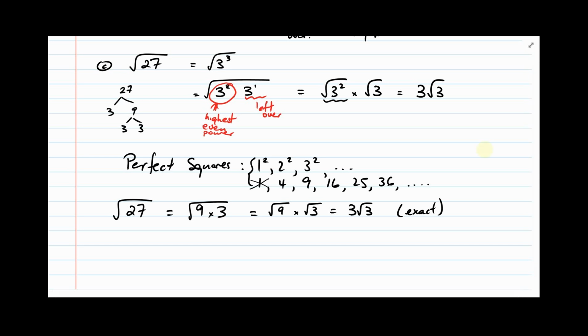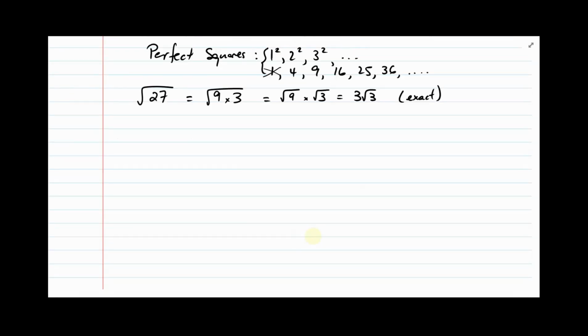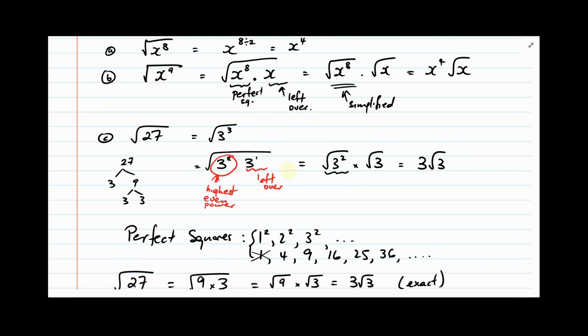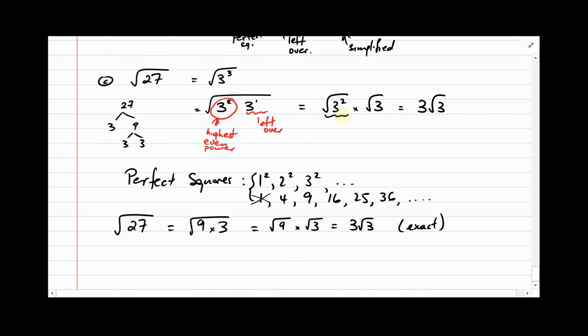Okay, so let's look at another problem. The key idea behind all of this is take the perfect part, put it to the front. We will be able to simplify that. Whatever is not able to be simplified will be left underneath the bracket.